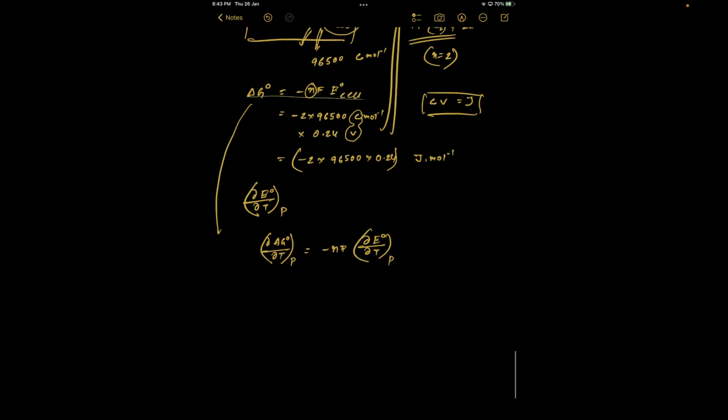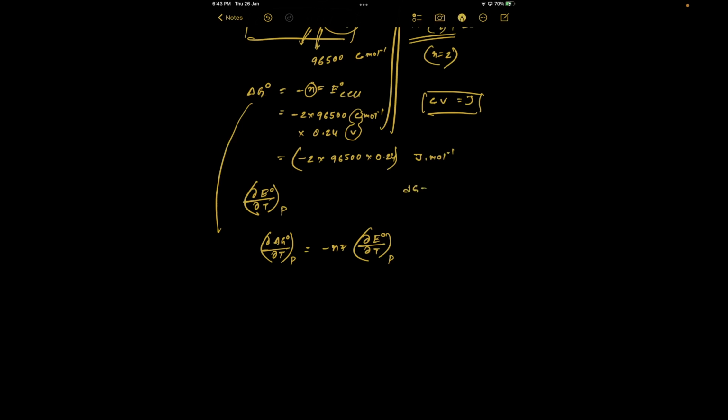Now from thermodynamics you know that this quantity is actually the entropy. Why? You know that dG equal to minus SdT plus VdP, right? This is one of the Maxwell equations from thermodynamics. dG, which is the free energy change, equal to minus SdT plus VdP.